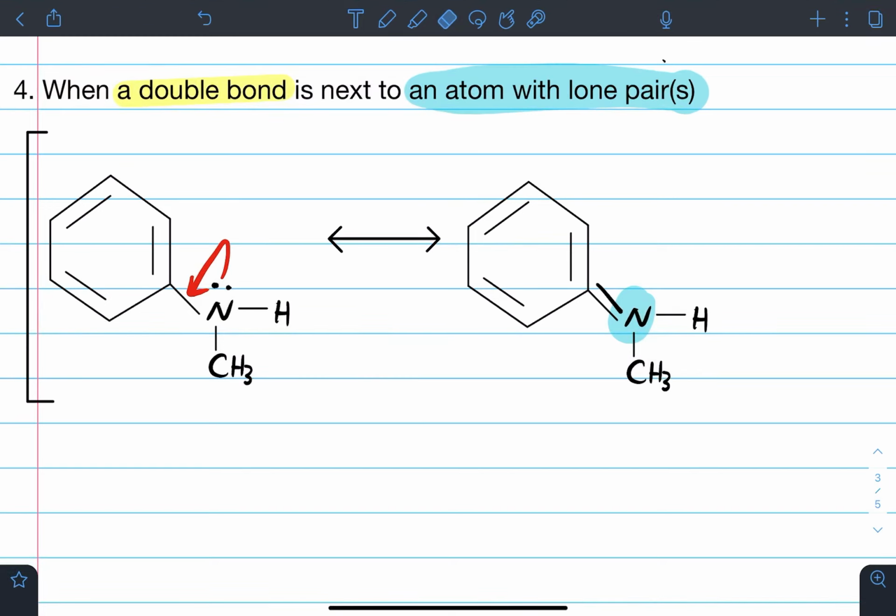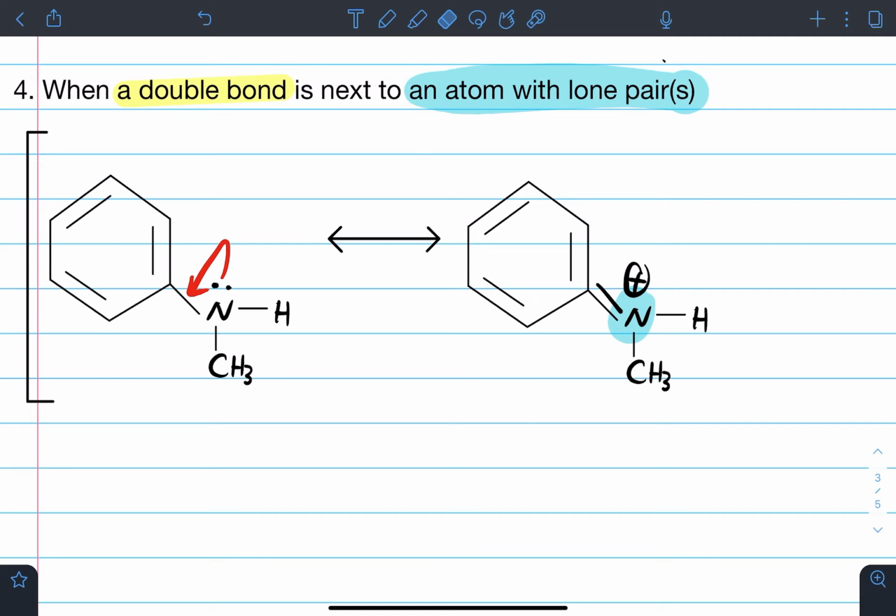It's neutral. But now our nitrogen has 4 bonds around it, right? The lone pair is gone, so I have 4 bonds here, which gives this nitrogen a positive charge, okay? But that's not the end of the world. That's fine, since nitrogen still has 8 valence electrons. As soon as the octet rule is not violated, nitrogen is okay, okay?